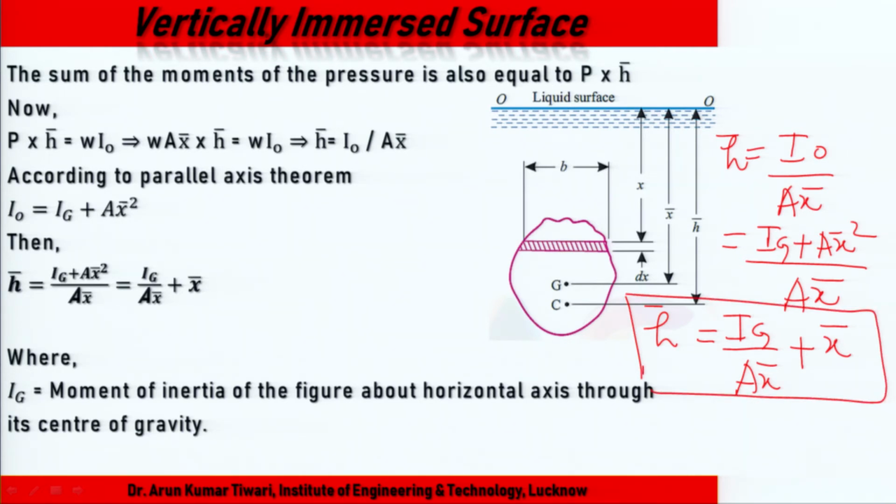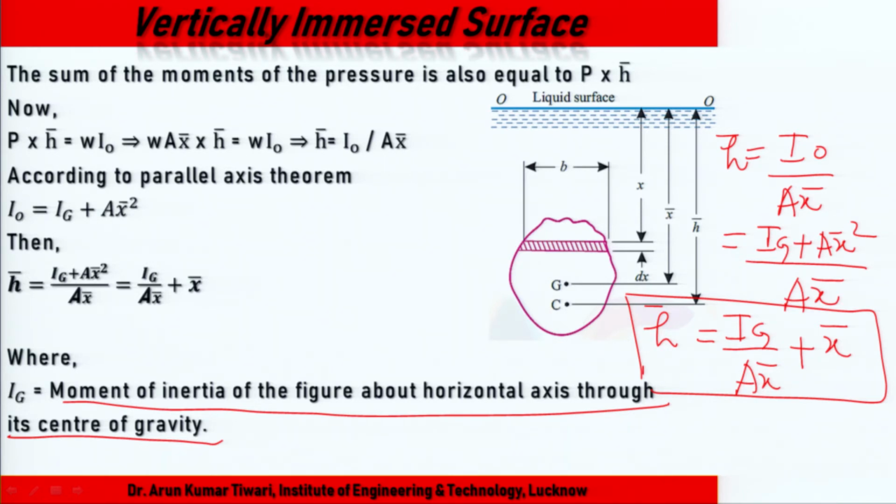What is I g? It is the moment of inertia of a figure about the horizontal axis through its center of gravity. So this is all about how we calculate h bar.